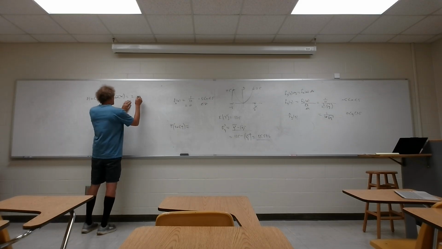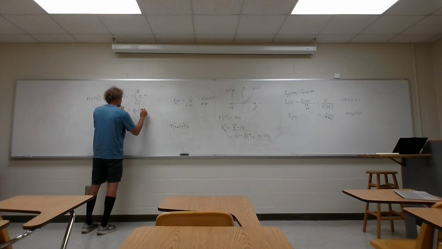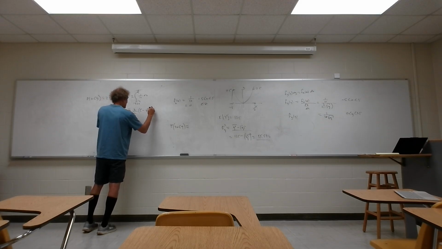integration. The integral from square root of 20 to 5 of the density function is just 1/10 dx. That's pretty straightforward. That's going to be 2 over 10 times 5 minus the square root of 20.